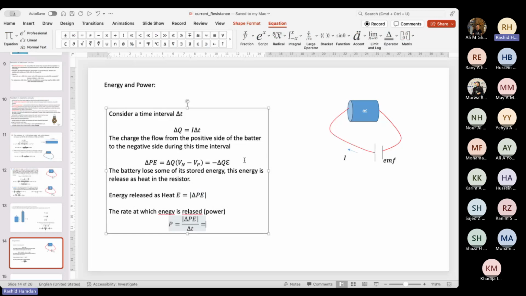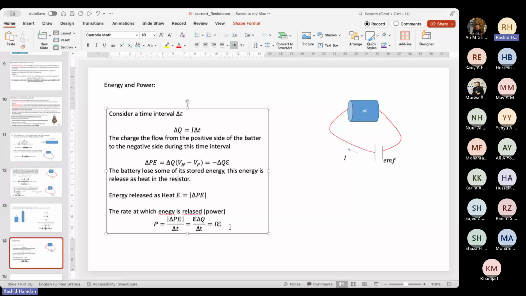So we have E, the electromotive force, times delta Q over delta T. Now dQ over dt is just basically I. So that's I multiplied by E. So the power released by the battery, I'm taking the absolute value, is equal to the EMF of the battery times the current that flows out of the battery.